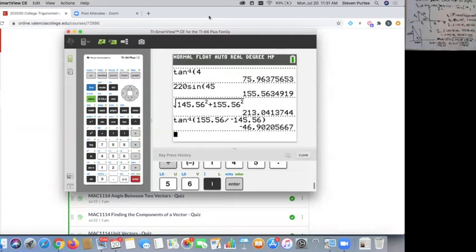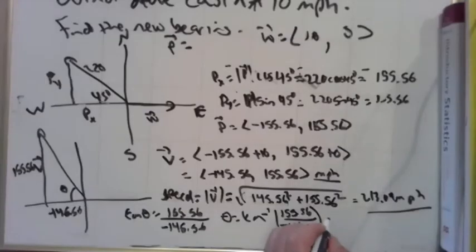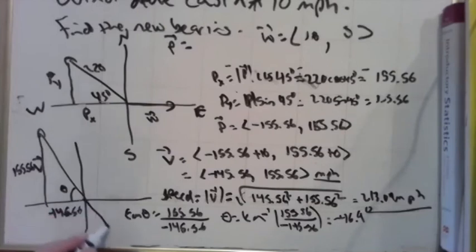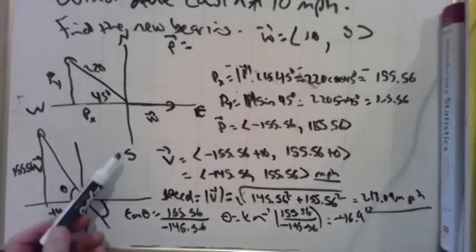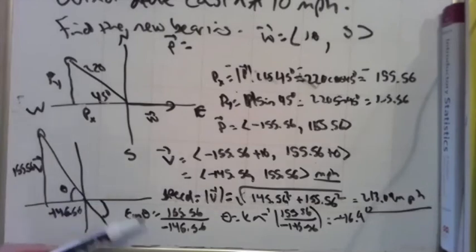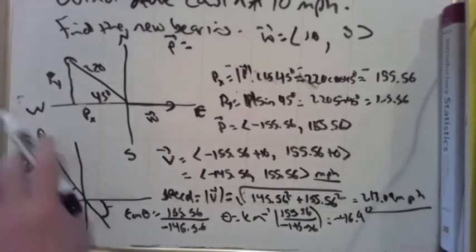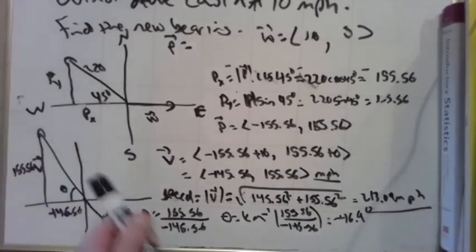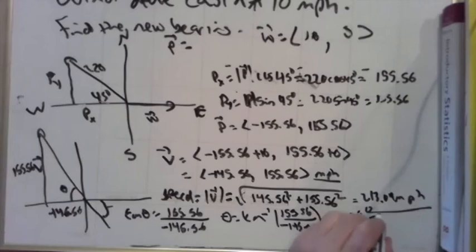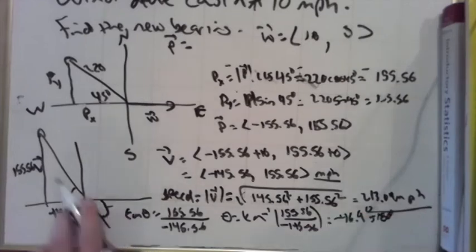I'm going to write that down, but that is not the right answer. That is this angle. Your calculator for inverse tangent will always spit out angles in quadrant 1 or 4. This is negative 46. We're heading that way, not this way. Your calculator is a liar. I need to add 180 to that to get that angle.